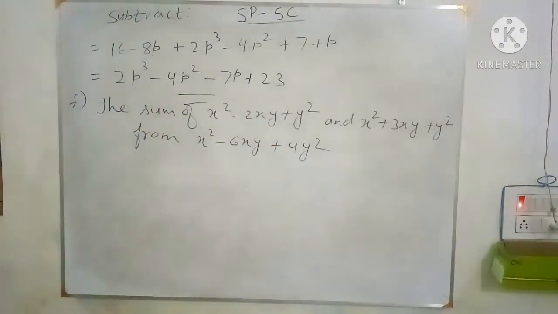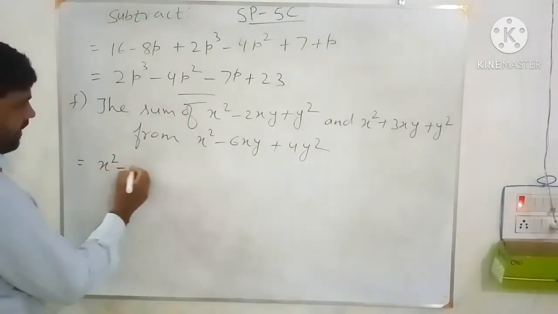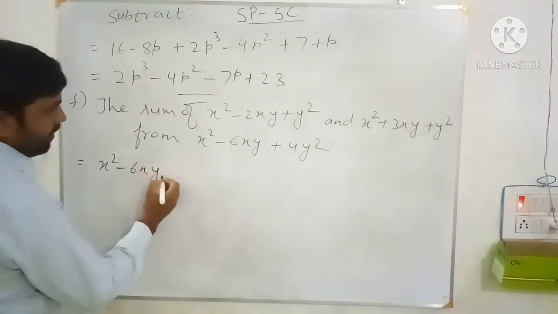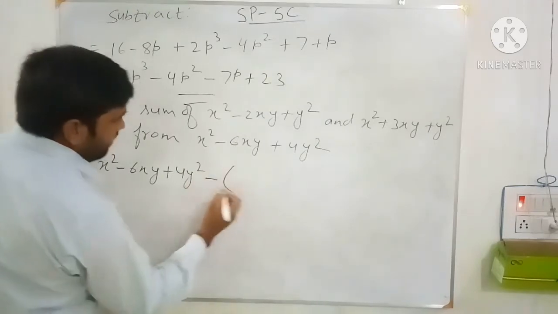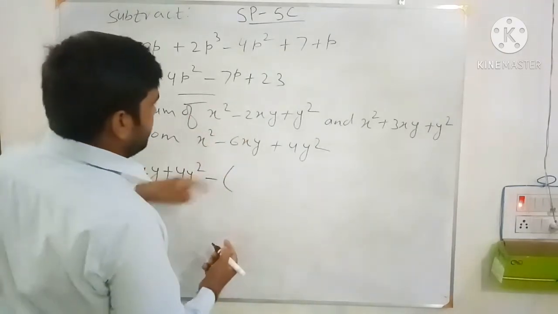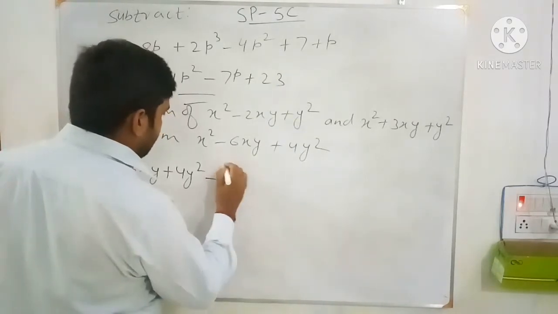The term which is written after "from" we will write first. So x square minus 6xy plus 4y square from this polynomial. We have to subtract the sum of the two polynomials, so that we write in the bracket.